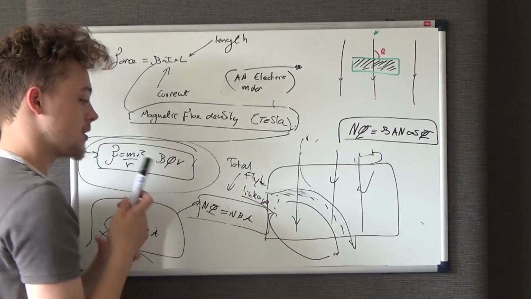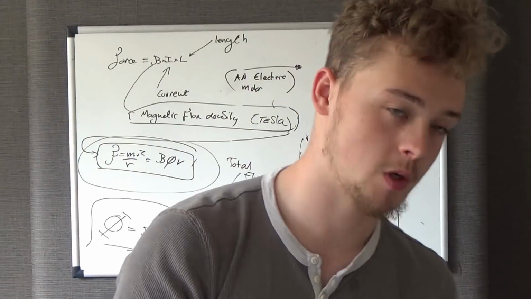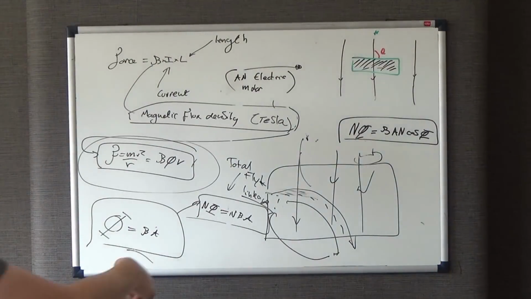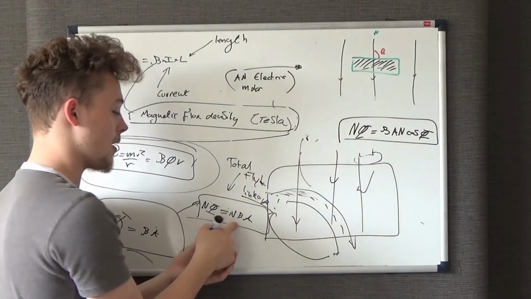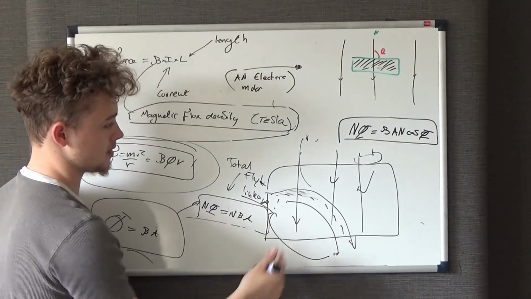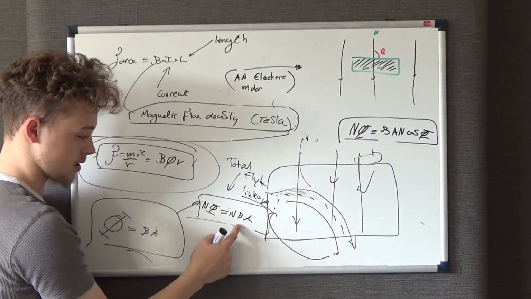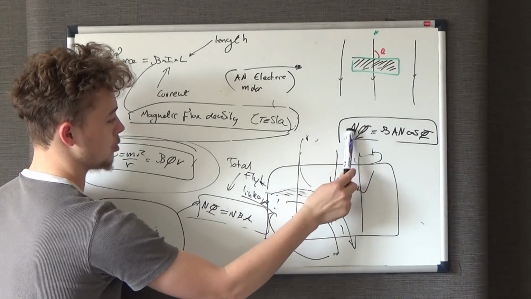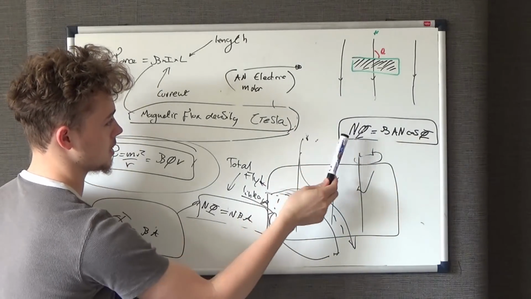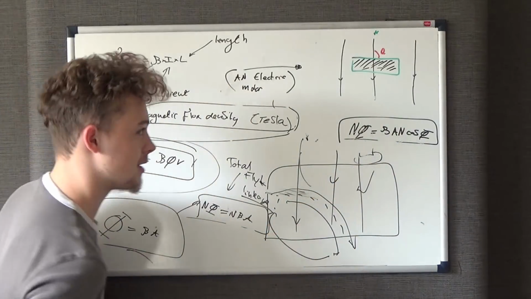Okay, now this total flux linkage is actually not just NBA, you could obviously write it as BAN, so I have done here, I've just written the letters the other way around, but obviously it doesn't make a difference. Okay, and this total flux linkage is a maximum when cos theta is a maximum.